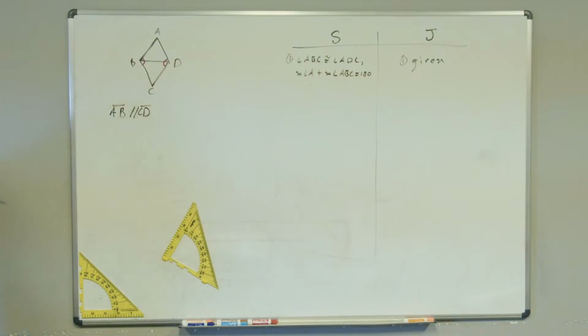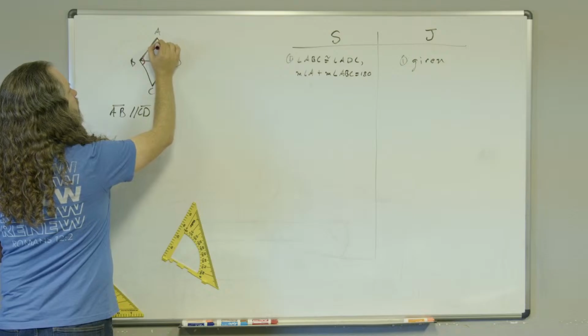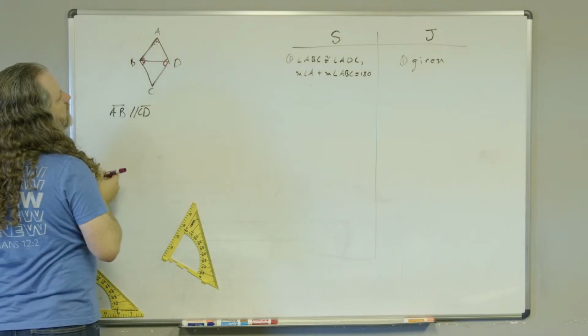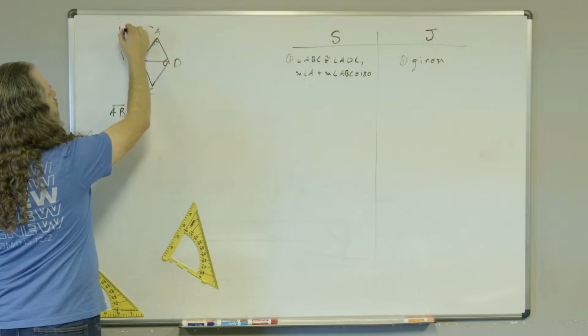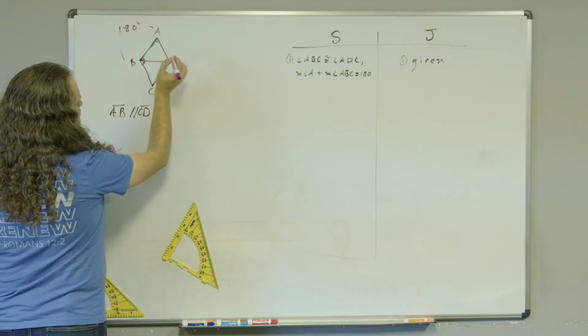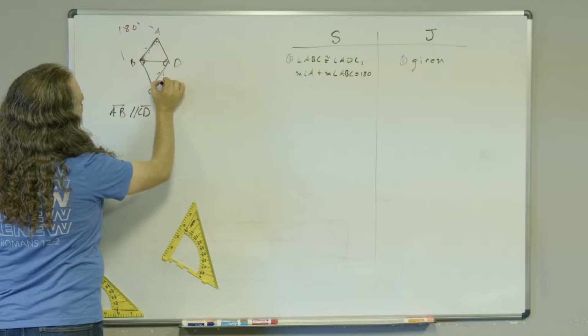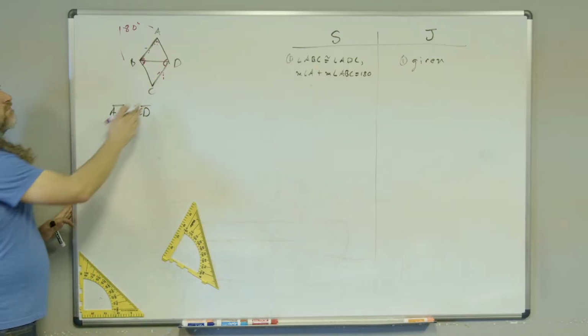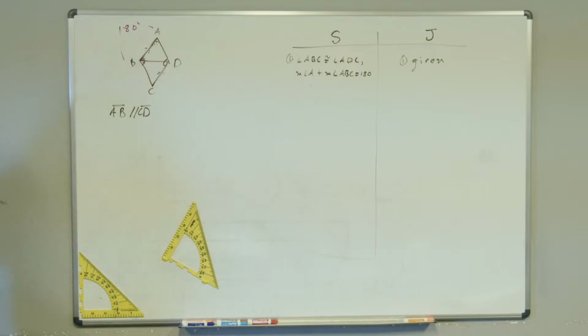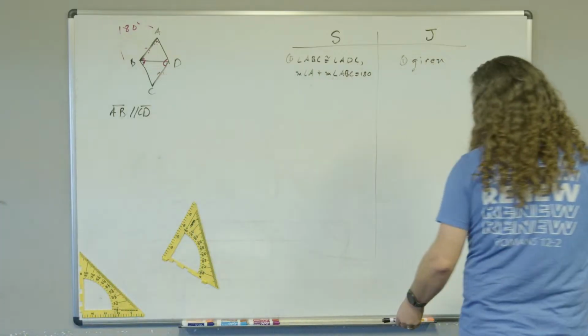And the measure of A plus ABC is 180. So these two, this one and this one, are 180. So they're supplementary. And we're supposed to be proving AB and CD are parallel. So this is what we're proving right here. So those lines there. Great. So what lines are transversing the lines we're trying to prove about?